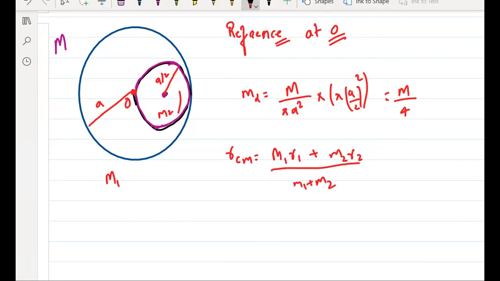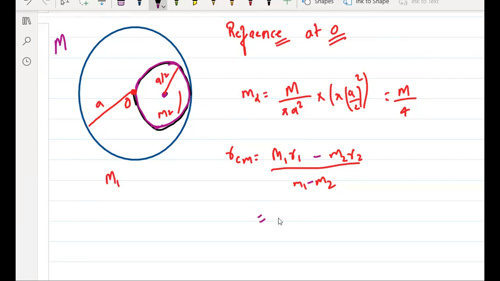So if it is negative mass, instead of plus, what should we take in both places? Minus. I hope all of you understood this concept. Is this clear now? Everyone, is this clear?